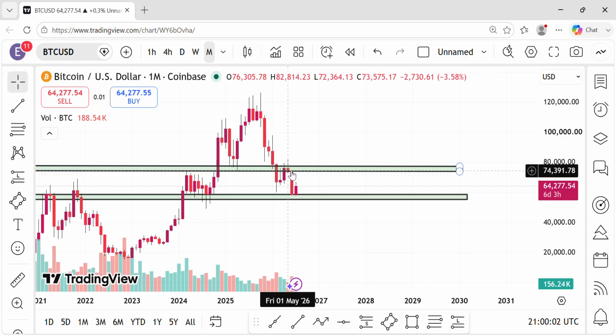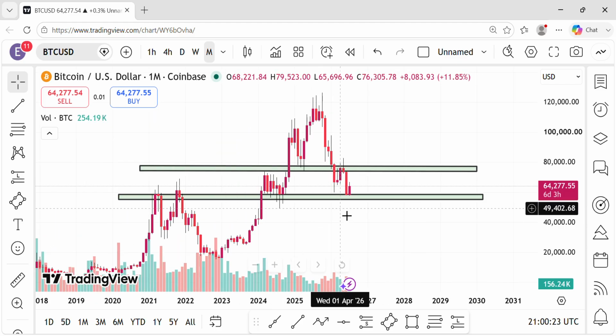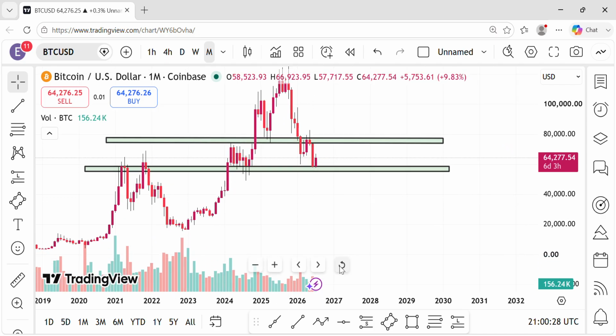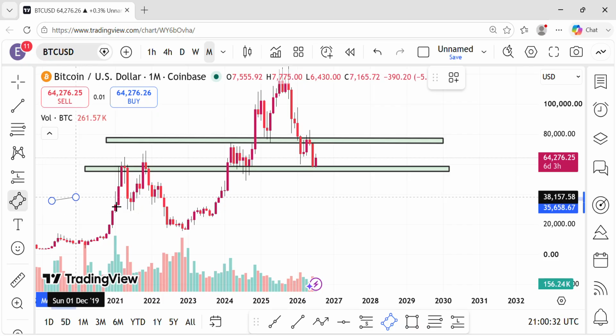Okay, this pin bar is telling us that sellers were able to push the market to the downside, and looking at this strong bearish engulfing candle on the monthly time frame is telling us that definitely we could be moving to the downside.